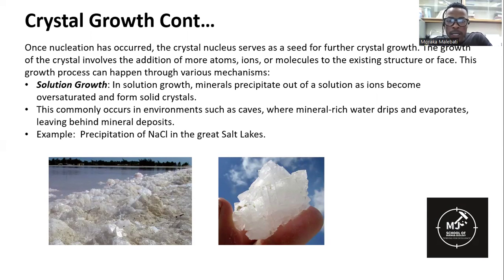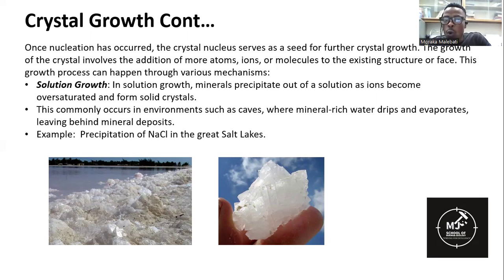Okay. So the growth of the crystal involves the addition of more atoms, ions or molecules to the existing structure or phase. So remember we already formed the nucleus. If we keep on attaching more atoms, ions and molecules, you are making that crystal grow.